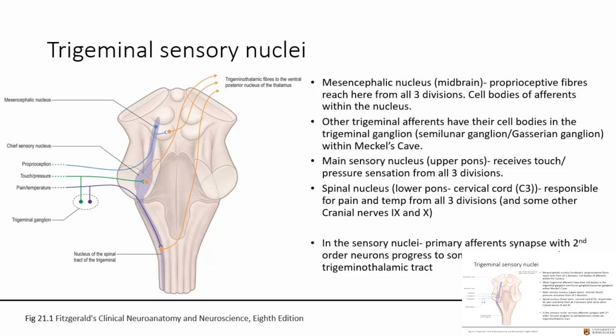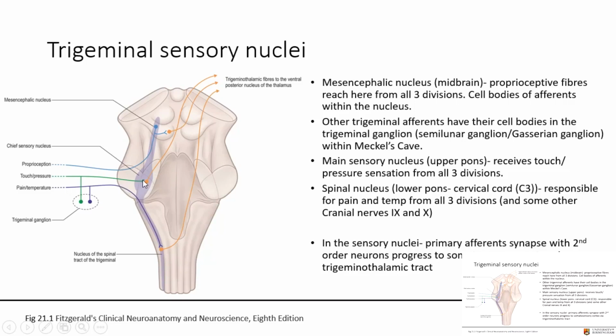So this is the same as the dorsal root ganglion, but in this case our first order neuron will be this one here. So the cell bodies will be located in the trigeminal ganglion, which is the same as the dorsal root ganglion. And then they will enter here to the brainstem, to the nucleus in this case.